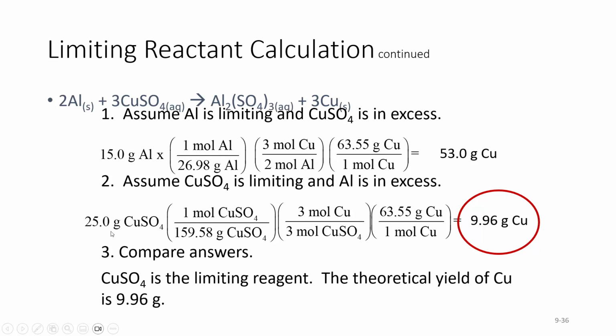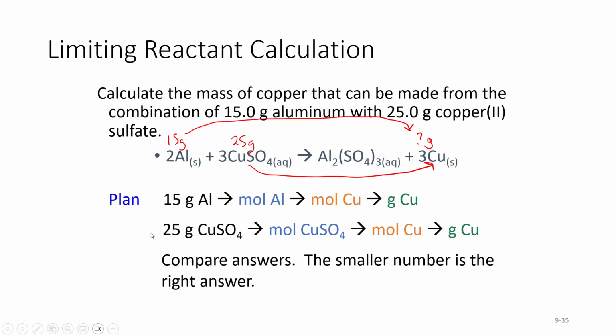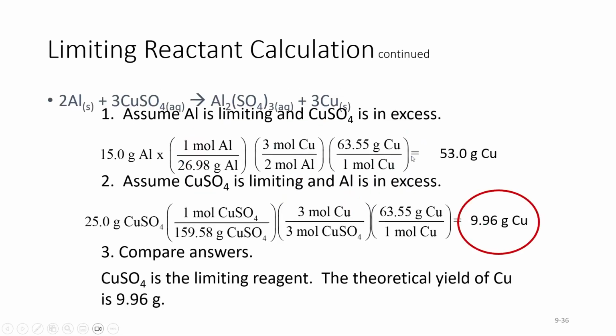Here, we're starting with 25 grams of copper 2 sulfate. So again, we did this one, now we're doing this one. So we do copper 2 sulfate to moles of copper 2 sulfate, moles of copper 2 sulfate to moles of copper, which is our new substance, and then from moles of copper to grams of copper.